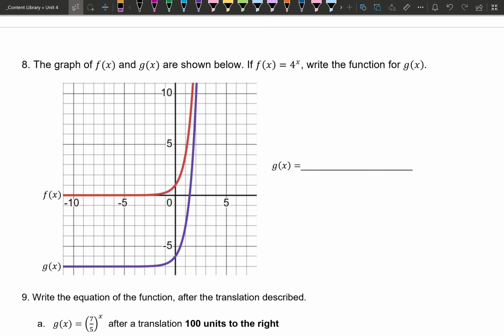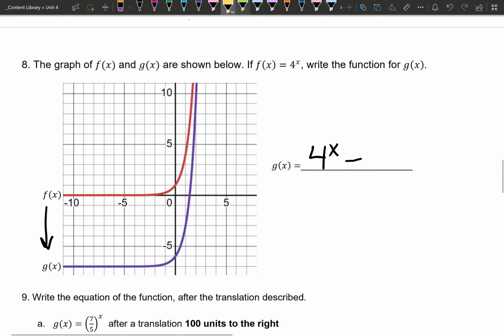Number 8. The graph of f of x and g of x are shown below. If f of x equals 4 to the x, write the graph for g of x. Okay, well, g of x looks like it was moved down from f of x.